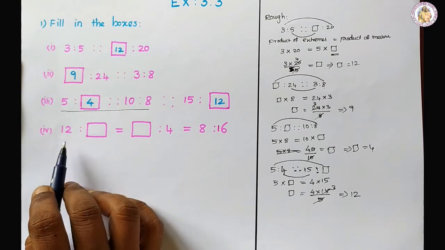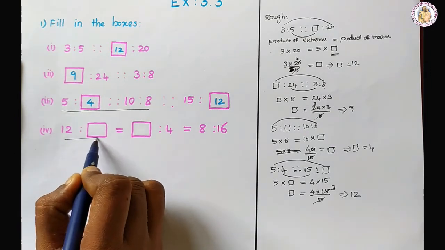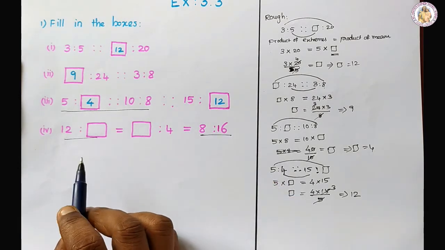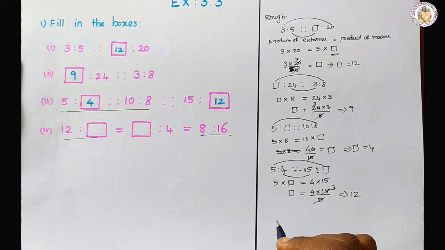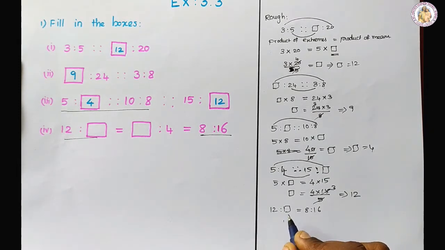And then the last one. Take this first, these 2. Listen. 12 is to box equals 8 is to 16.